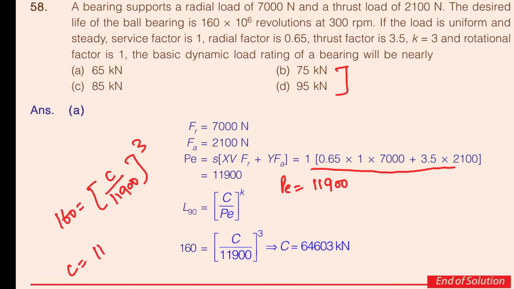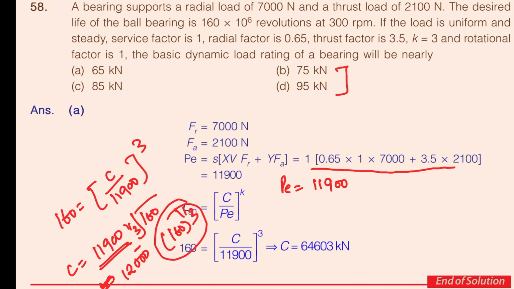So C is equal to 11,900 into cube root of 160. Now 11,900 I can assume to be somewhat 12,000, a little bit lesser than 12,000, and it is being multiplied by the cube root of 160. Now I don't know what the cube root of 160 is, but I know that the cube of 4 is 4, 16, 64.